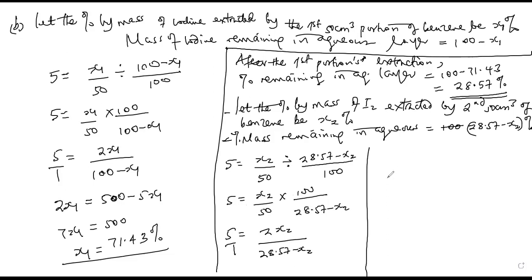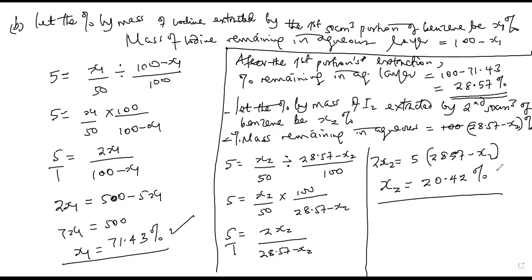Summarizing all this, it will be 2X2 equals 5 into 28.57 minus X2. All right. And this one will give us our X2. After working on it, it will give you 20.42%.